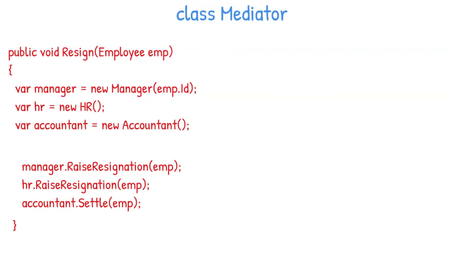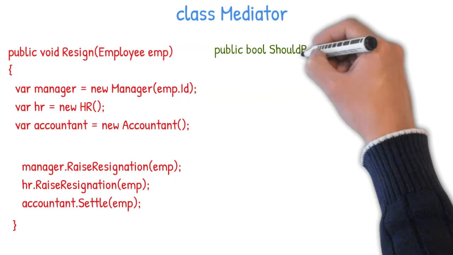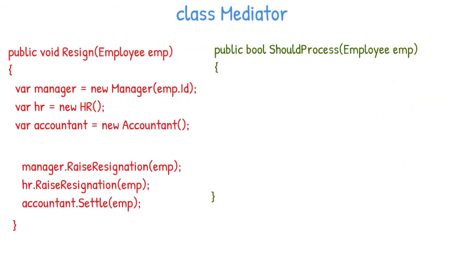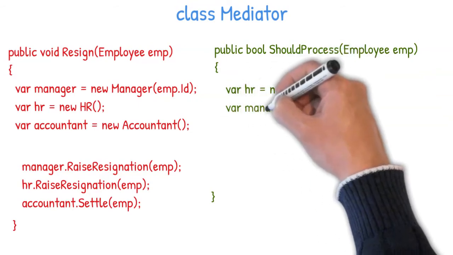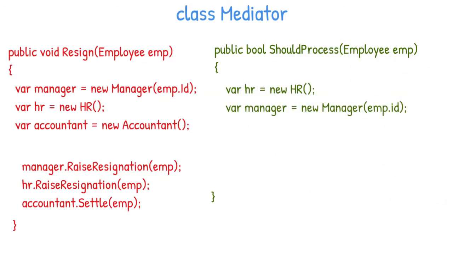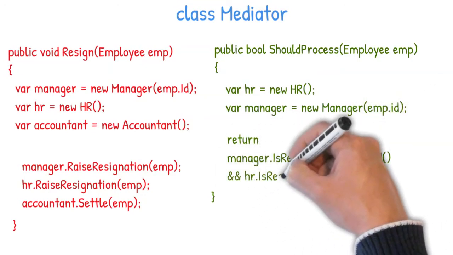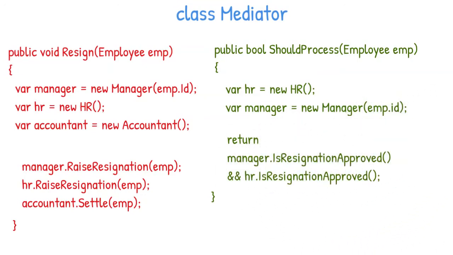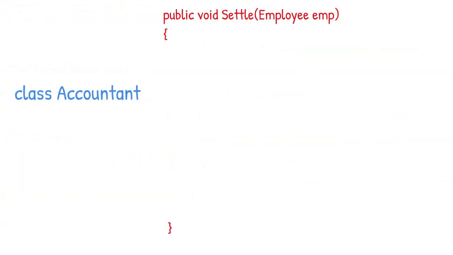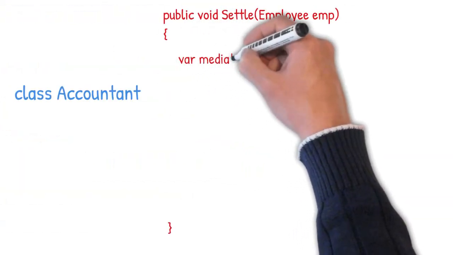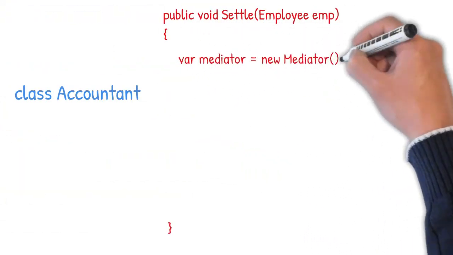It will also define another method, say should process, which will internally ensure that both the manager as well as HR have approved the resignation. This will solve the other problem where the accountant has to communicate with HR and manager.